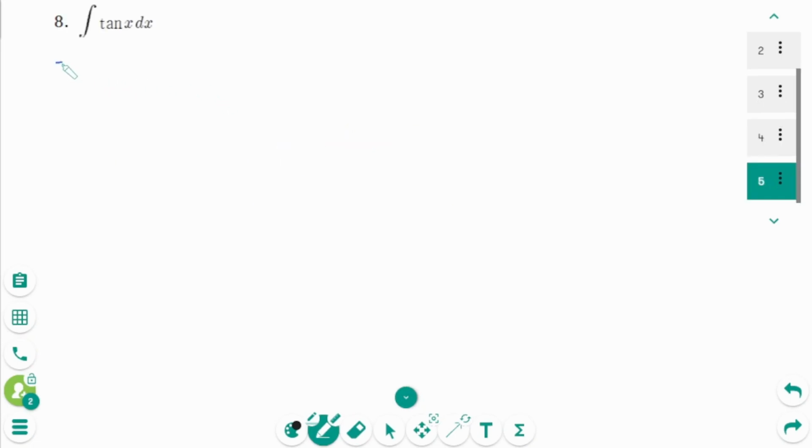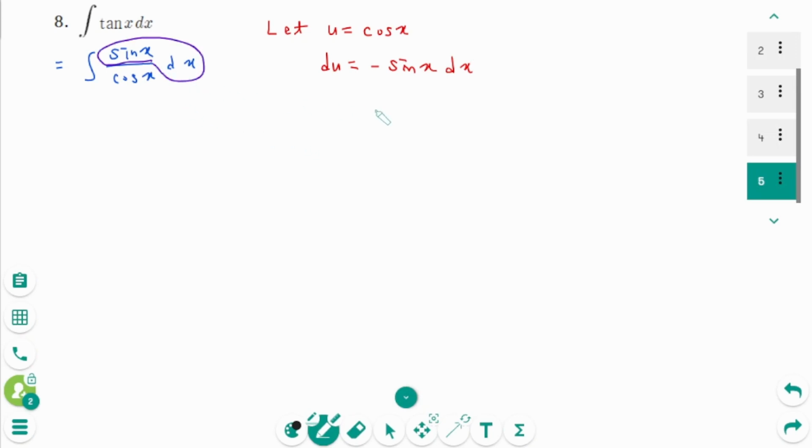Number 8, to integrate tangent x, convert tangent x to sine x over cosine x dx using the trigonometric identity. Now use u-substitution. Let u equal cosine x, then du equals minus sine x dx. There is only sine x dx, then divide by minus 1 on each side: minus du equals sine x dx.